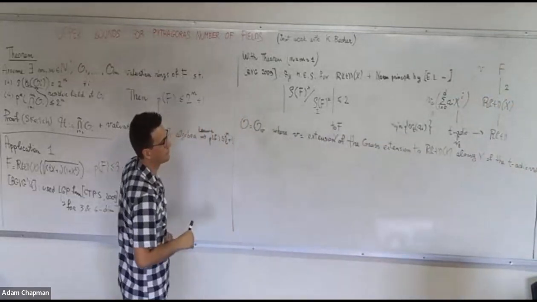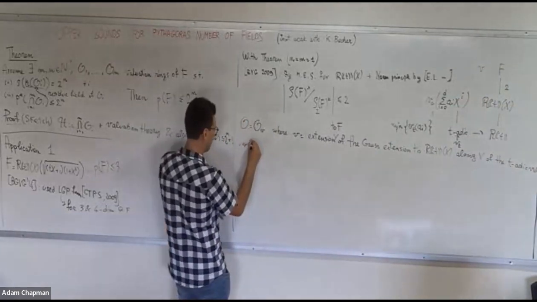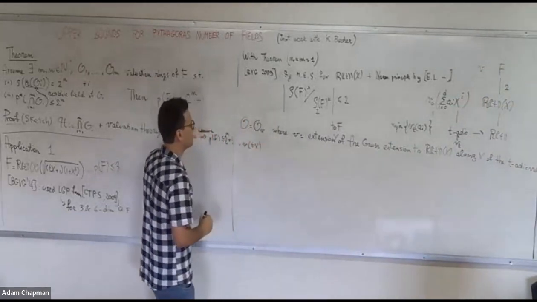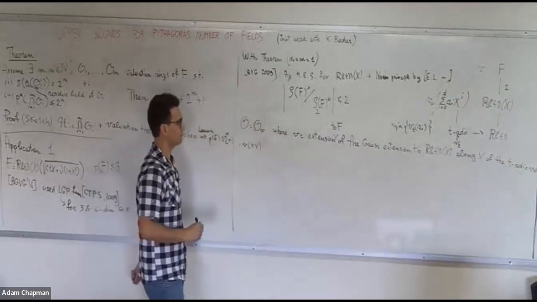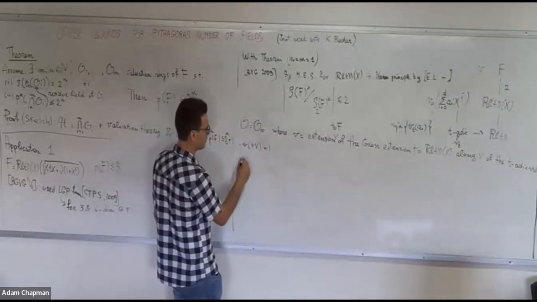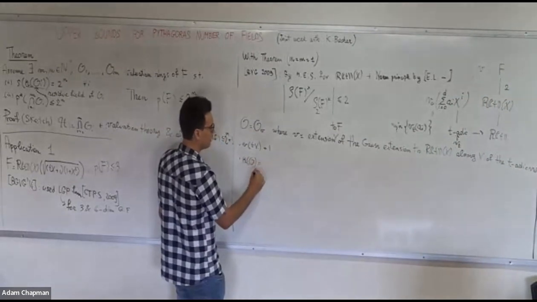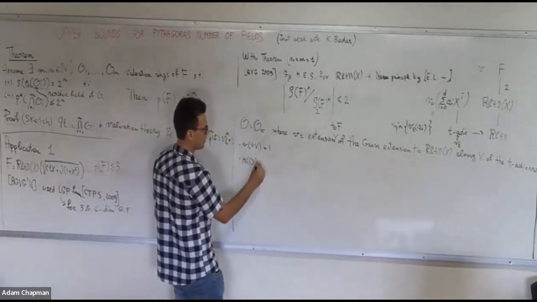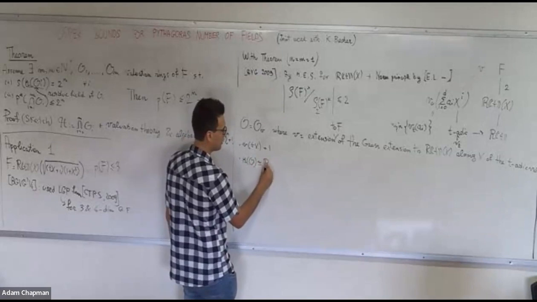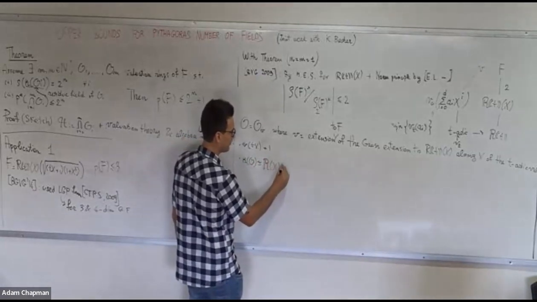And then what happens? Well, Tx will have value 1. The residue field of this valuation ring will be isomorphic to a field.